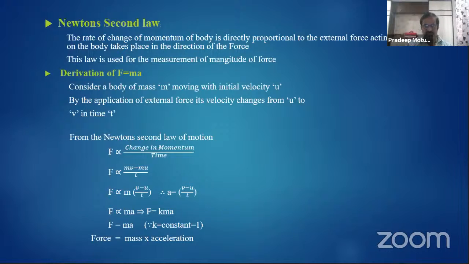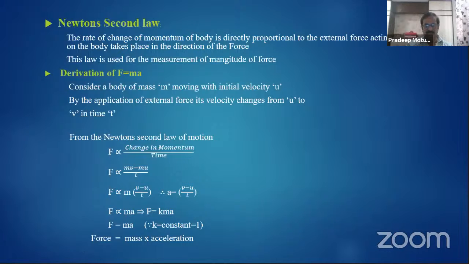This (v minus u) by t is equal to a. This comes from v is equal to u plus at. Then v minus u is equal to at. Therefore, a is equal to (v minus u) by t. Just substitute the value of a. Therefore, F is proportional to ma.